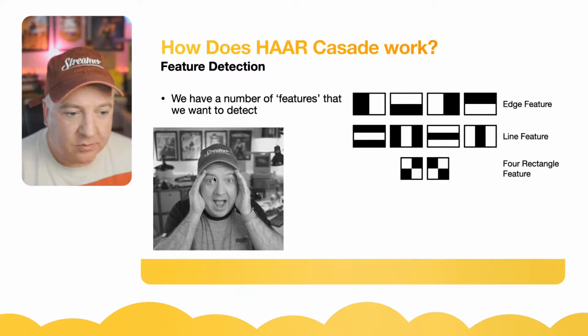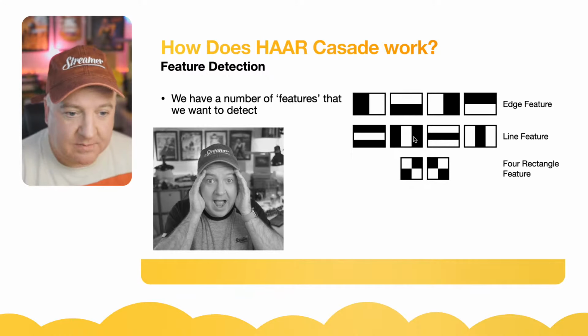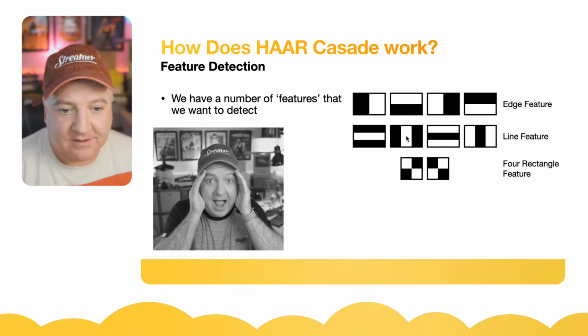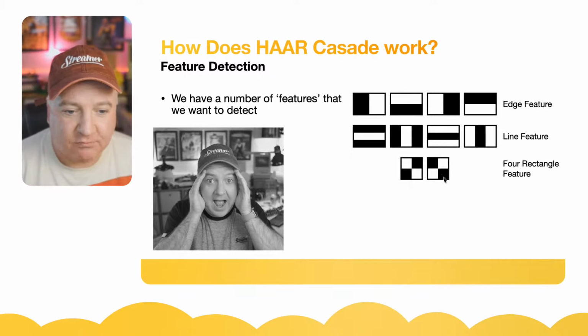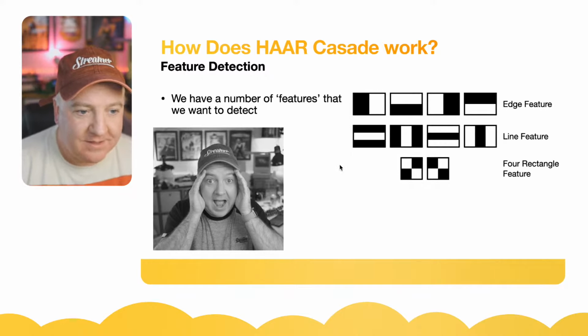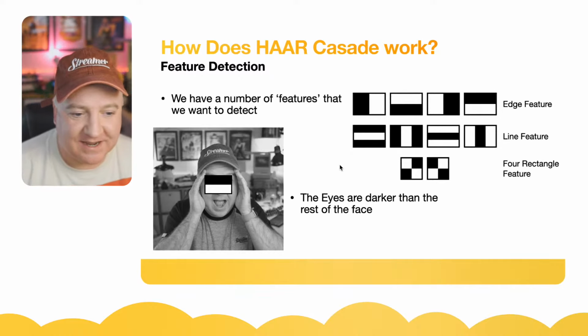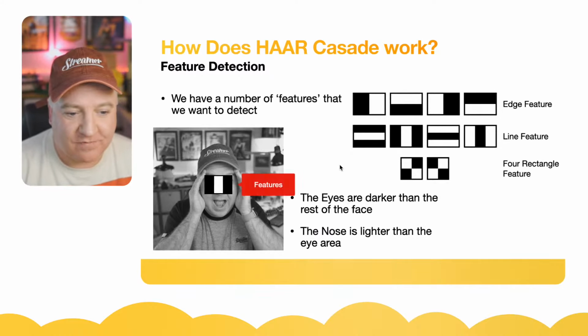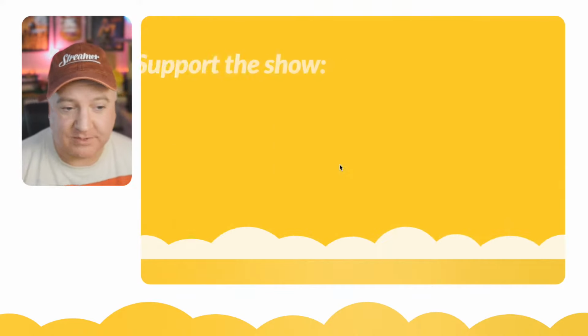Eyebrows and the ridge of your eyes are darker than the rest of your face, so that particular one there will be useful for detecting that kind of configuration. The bridge of your nose might be useful to detect using this line feature. And then there is one that's called the four rectangles, and it can rotate these around as well to see if there's something significant with that. So features are what we're actually going to be detecting using this HAAR Cascade. So you can see their eyes are darker than the rest of the face. The bridge of the nose is lighter than the area around the eyes. So they're all called features, and that's what this algorithm is going to detect.